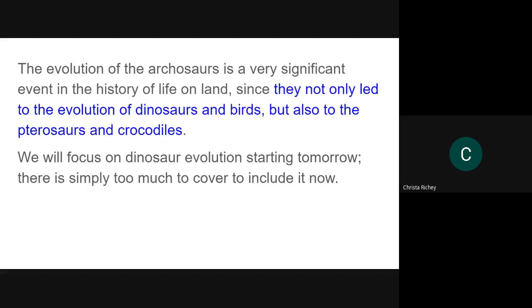You had some that were bird hipped, where the pubis was facing backwards, and others that were reptile hipped, where the pubic bone was actually pointing forwards. And then when it comes to the reptilian ones, we actually have 2 different splits.